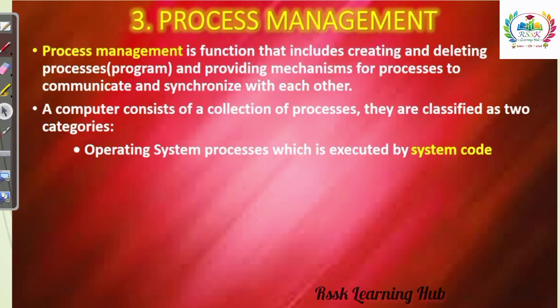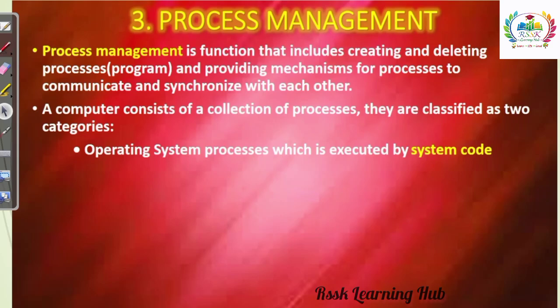So all the things should be done together. Okay. So how the mechanisms for process synchronization and process communication, suspending and resuming your processes, and how to create and delete both the user and the system processes. So all things should be scheduled, and threads on the CPU. Okay. So various algorithms are mainly used to allocate the job, that is process. So what are the algorithms that should be used to allocate the job?